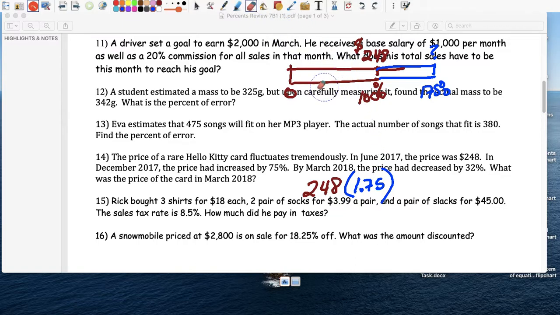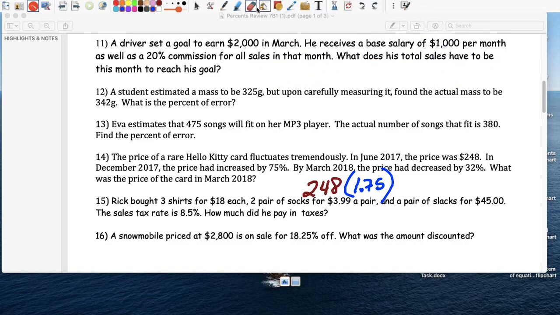Let me erase this, because now we have a new price. This represents the price with the increase. Now it decreased by 32%. 10, 20, 30, 31, 32. So that leaves us with 68%.